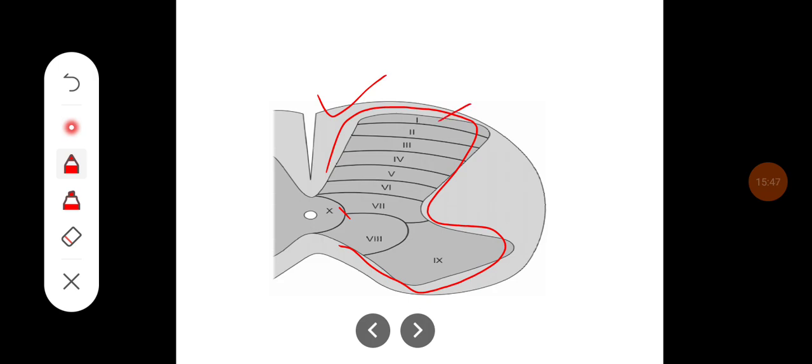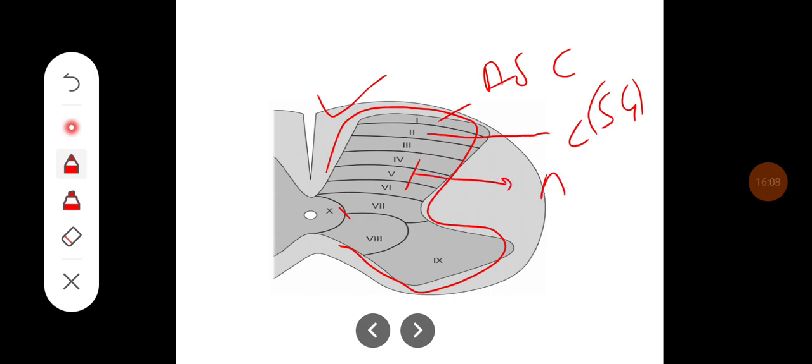Lamina 1 receives information from A delta and C fibers, whereas lamina 2, called substantia gelatinosa, receives information from C fibers. Laminae 4 to 6 receive information from the larger fibers like A alpha and A beta, and they carry the sensation of mainly fine touch, proprioception, and so on. And the ventral horn is mainly for motor functions, so they receive motor innervation.